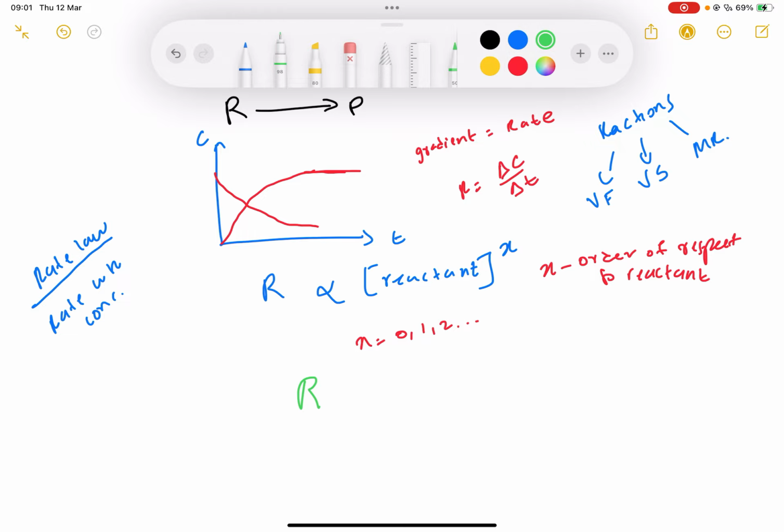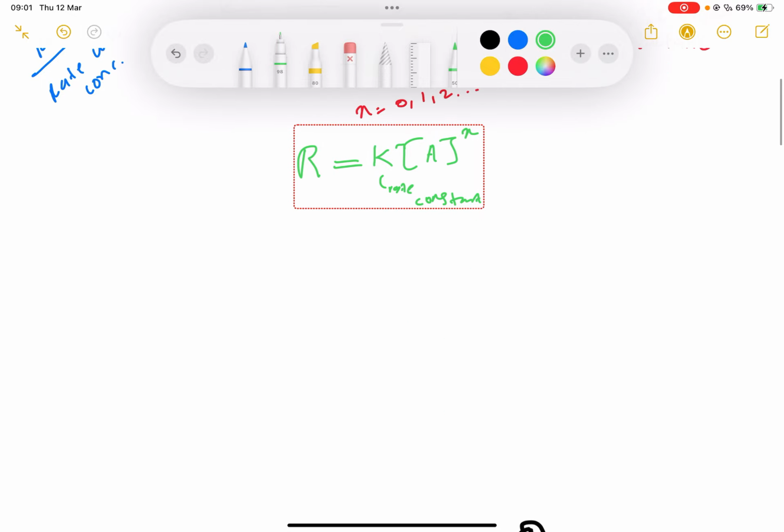When you convert this proportion to an equal sign, you get a constant. That constant is k, and we call this the rate constant. And then you will have the concentration of the reactants and its power. The power is the order with respect to the reactant. So this is the introduction.